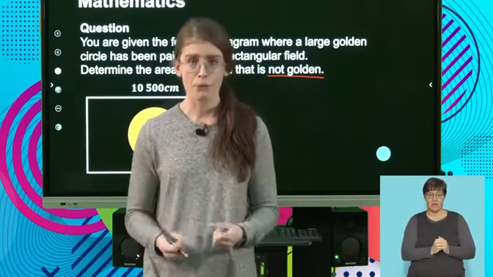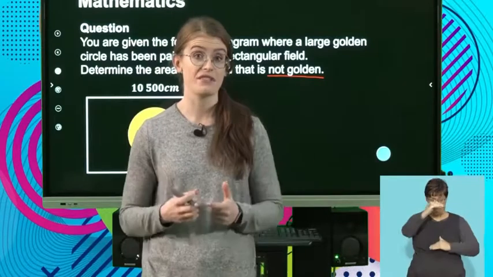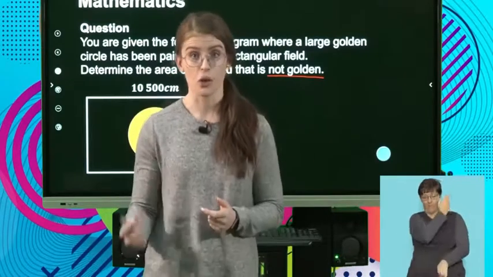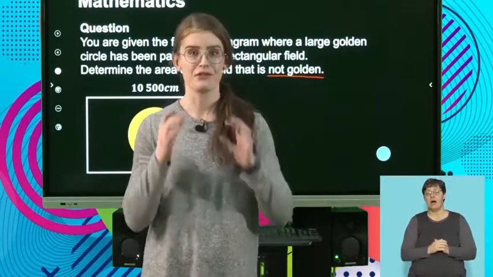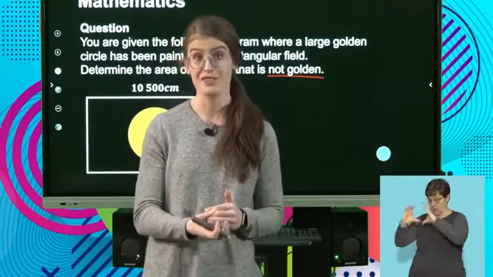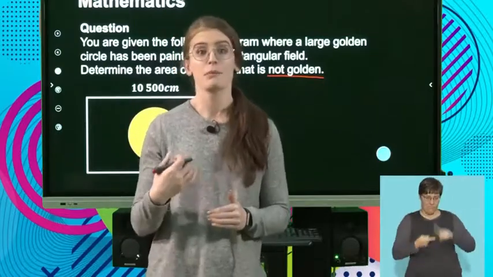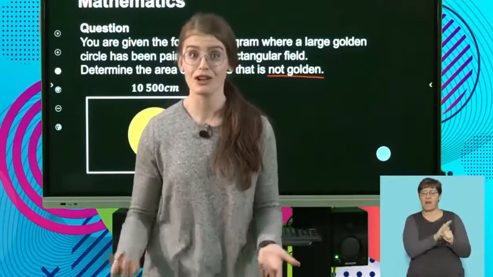My mission is to determine the area of this field that is not golden. So what I'm going to have to do is determine the area of the field in general, and then I'm going to have to subtract the portion that is golden, because by doing that, I'll find out how much of this field is not golden.